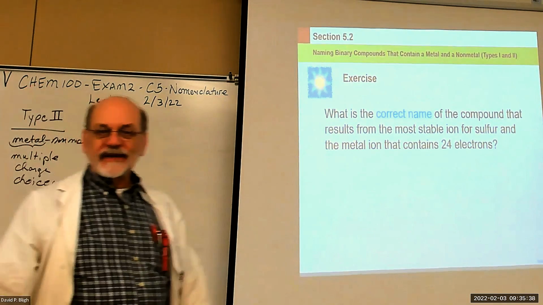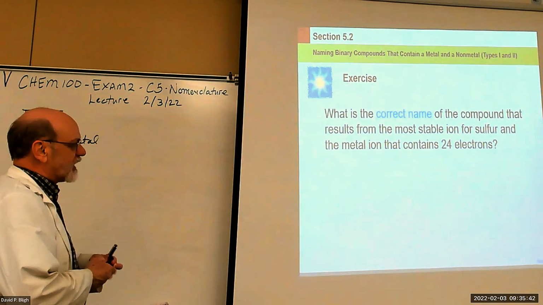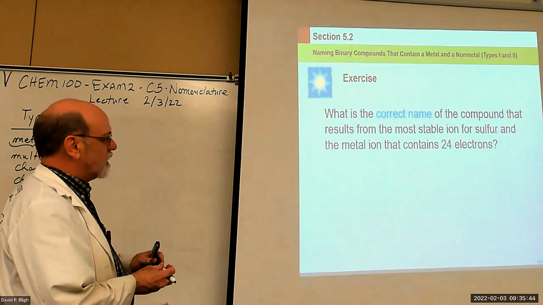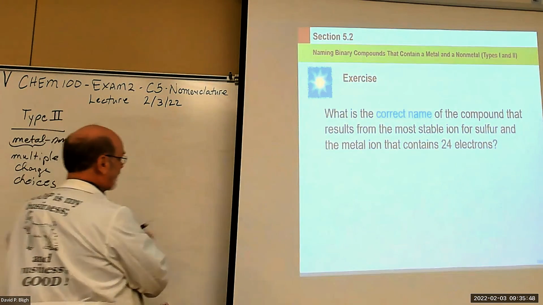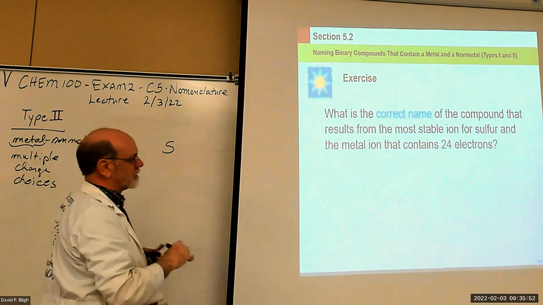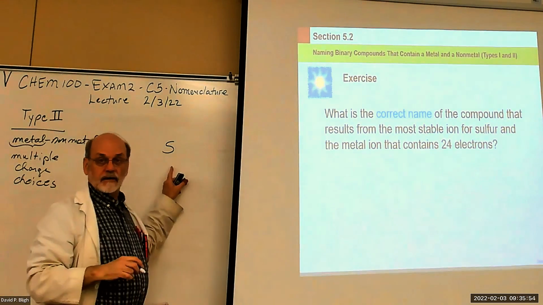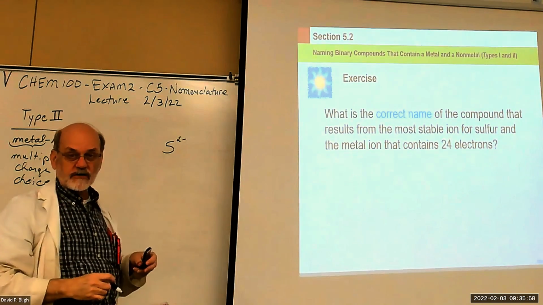Okay, let's make things more difficult. What's the correct name of the compound that results from the most stable ion for sulfur and the metal that contains 24 electrons? Okay, so we got sulfur, which is a chalcogen. So it has a 2- charge.